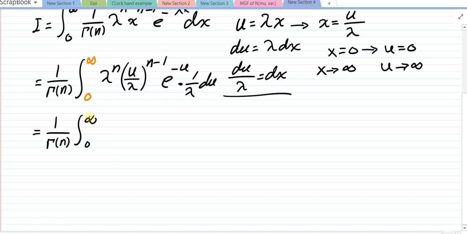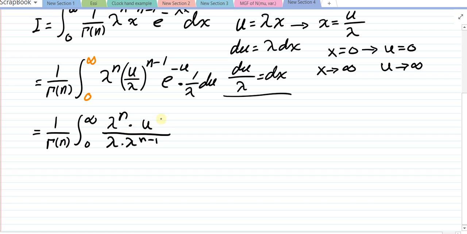Now, working these variables, I have lambda to the n, and then this lambda, bring it down here. Now I also have the lambda that's inside parentheses in the denominator of a fraction. That's going to be lambda to the n minus 1. So all of those lambdas are grouped together.